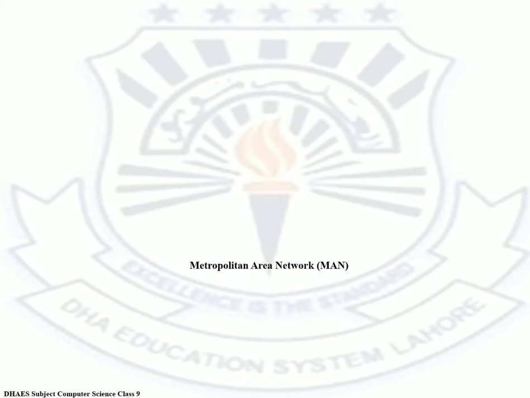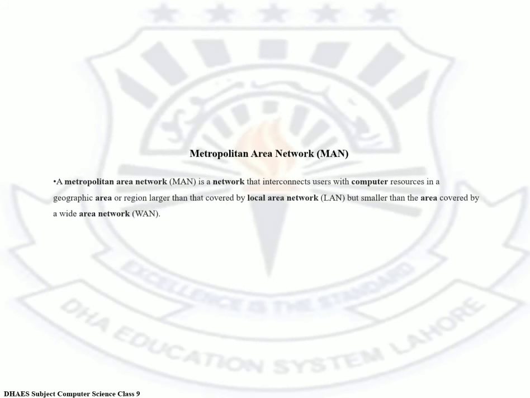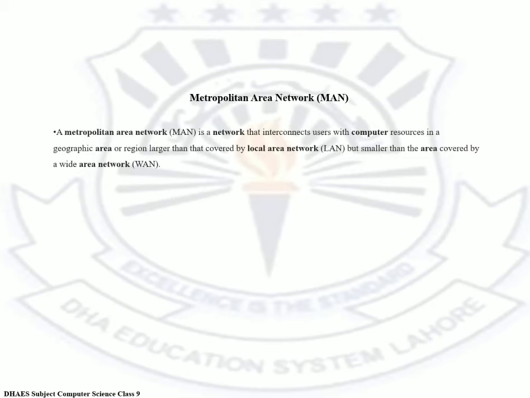Metropolitan area network. A metropolitan area network, MAN, is a network that interconnects users with computer resources in a geographical area or region larger than that covered by a local area network, LAN, but smaller than the area covered by a wide area network, WAN.